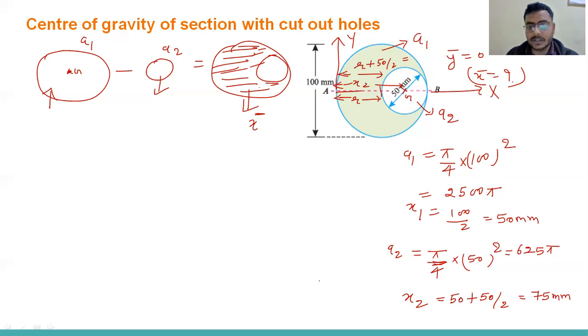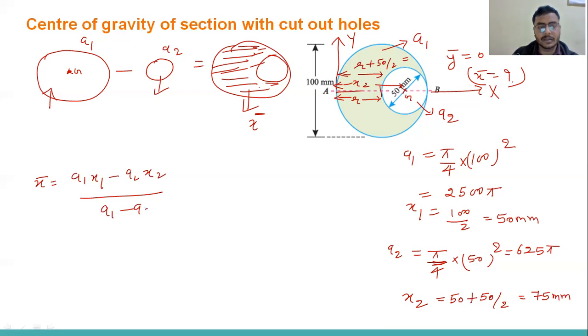Right? So now we have x1, A1, x2, A2. Now we can apply the formula and we can get the x bar. X bar is A1 into x1 minus A2 into x2, divided by A1 minus A2. So let's put the whole value.